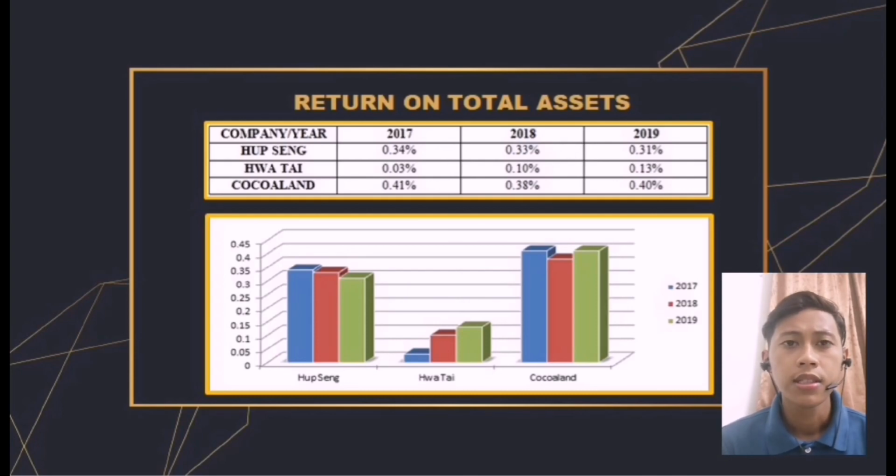The graph shows that Coquelin's percentage is higher than the other companies. The highest return on total asset in Coquelin shows how effective the company is in converting the money it invests into net income.